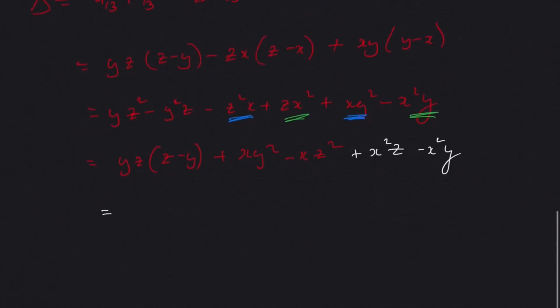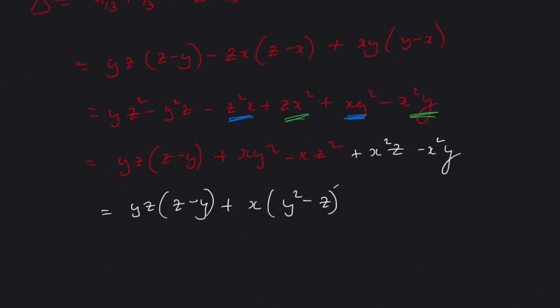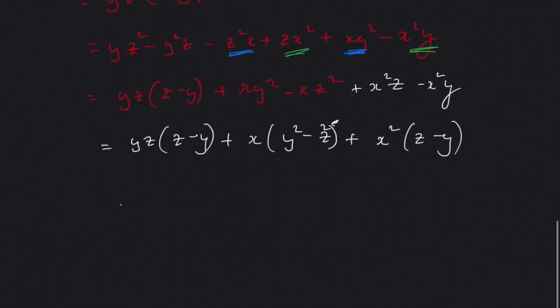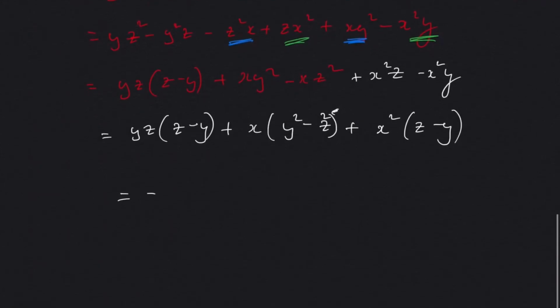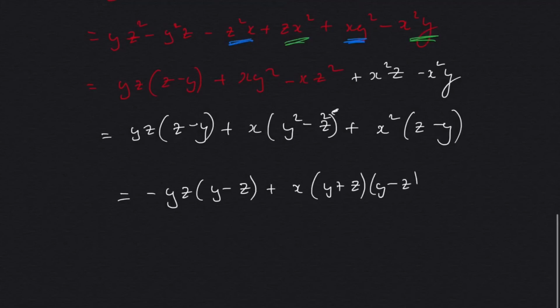So let's do the comparison. That is yz times (z minus y). You can have x common here, (y square minus z square). From here we can have x square common, (z minus y). So if we take minus common from the first term, yz, we have (y minus z) plus x (y plus z)(y minus z), difference of squares formula, minus again x square (y minus z).